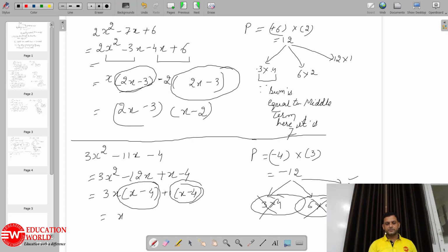That is why it is grouping as well as taking common. Now you have done grouping, then taking common out. So this splitting method is the combination of both grouping as well as taking common out.